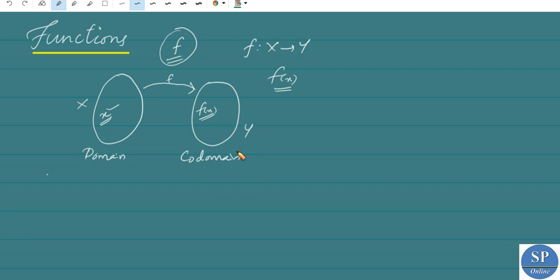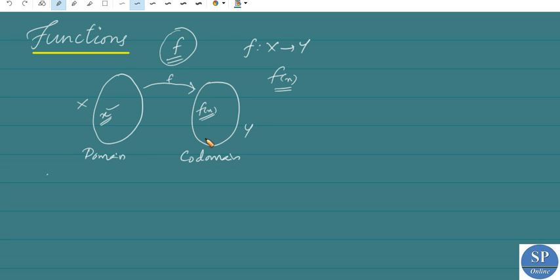Now what is the range of the function f? Actually, the range of the function f is a subset of the codomain Y formed by the set of all values of f.